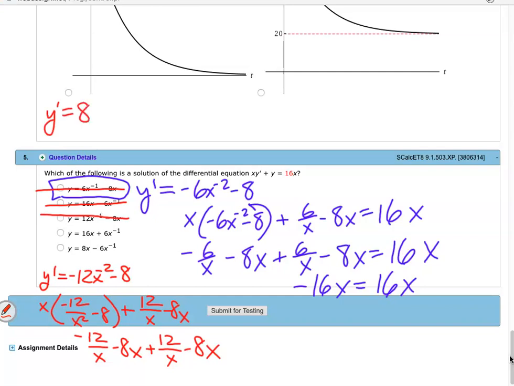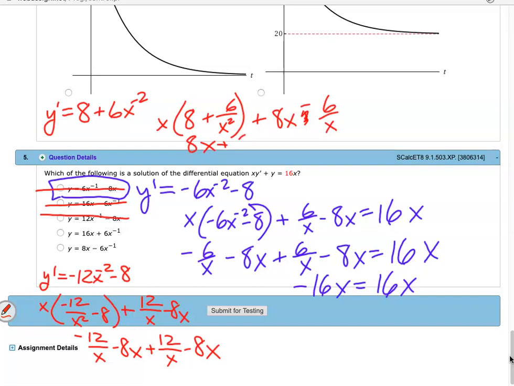All right, so it has to be the fifth. So 8 plus 6x to the negative second. So we get x times 8 plus 6 over x squared, plus 8x minus 6 over x. There's your 8x plus 6 over x, plus 8x minus.